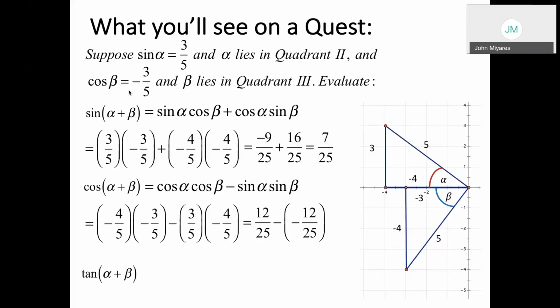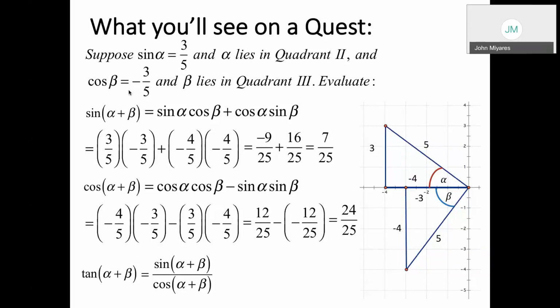An alternative approach might be to take the tangent of alpha plus beta and set it up as the sine of alpha plus beta divided by the cosine of alpha plus beta, essentially using the special reciprocal identity for tangent, saying tangent equals sine over cosine. Since we've already computed the sine of alpha plus beta and the cosine of alpha plus beta, we could use those two answers to compute the tangent of alpha plus beta by just dividing the results.